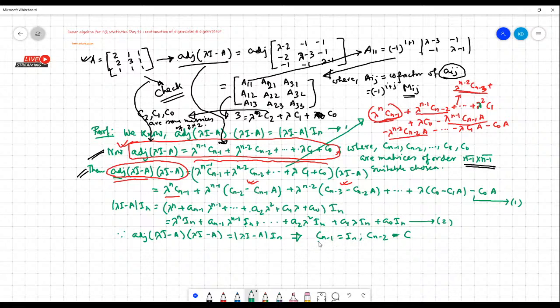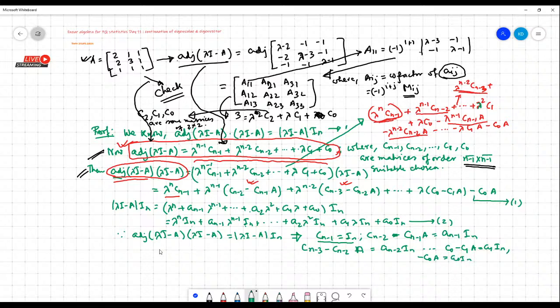So now, C n minus 1 equal to I n, and C n minus 2 minus C n minus 1 A equal to a n minus 1 I n, C n minus 3 minus C n minus 2 A equal to a n minus 2 I n, and so on, C naught minus C1 A equal to a1 I n, and lastly minus C naught A equal to a naught I n.